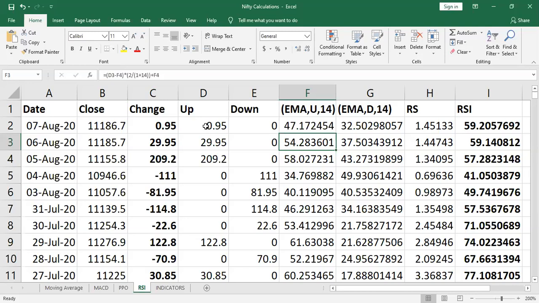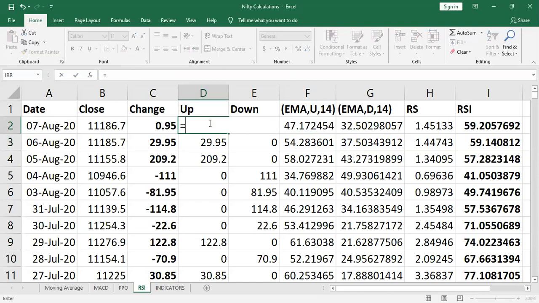Then for that we enter the IF formula. If this number is greater than 0, then take this number, otherwise take 0.